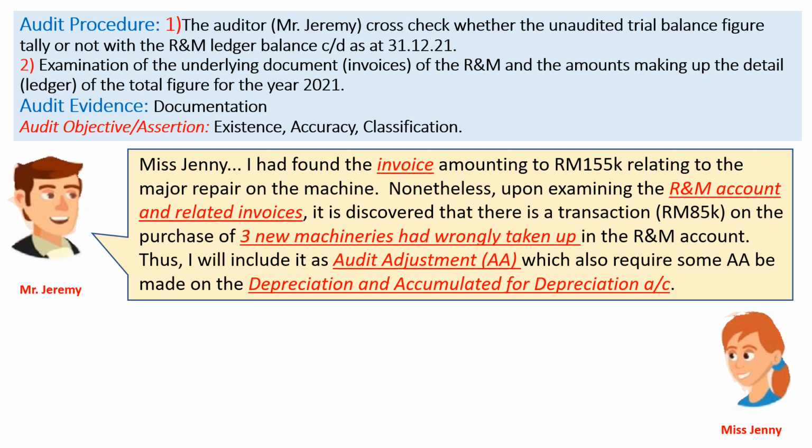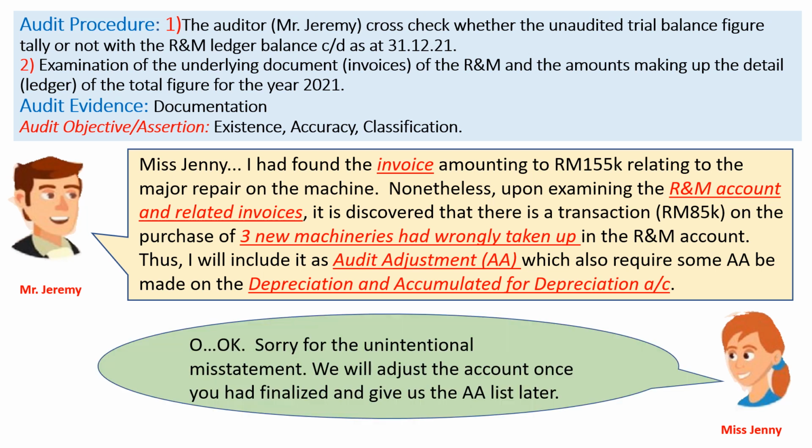Thus, I will include it as an audit adjustment, which also requires some audit adjustment to be made on the depreciation and accumulated depreciation account. Oh, okay. Sorry for the unintentional misstatement. We will adjust the account once you have finalized and given us the audit adjustment list later on.